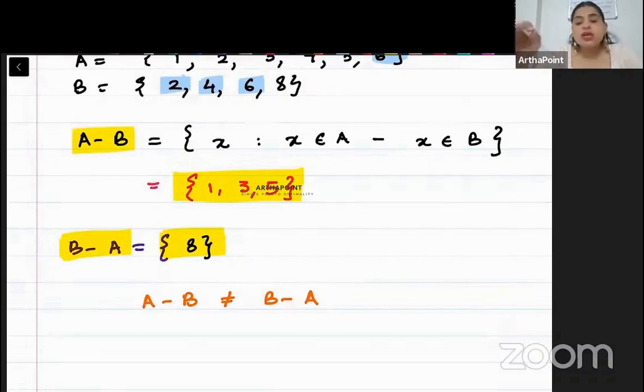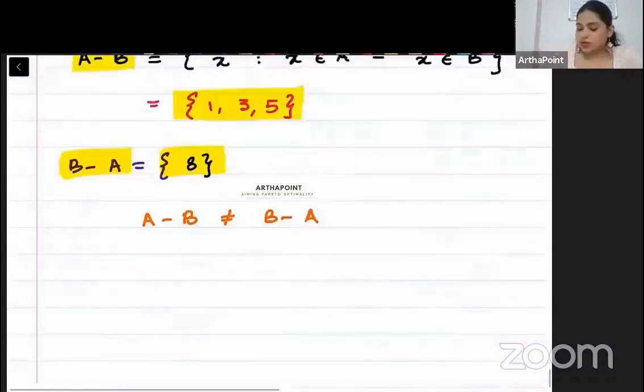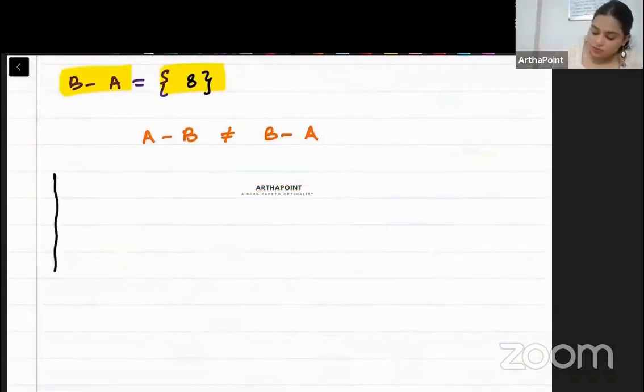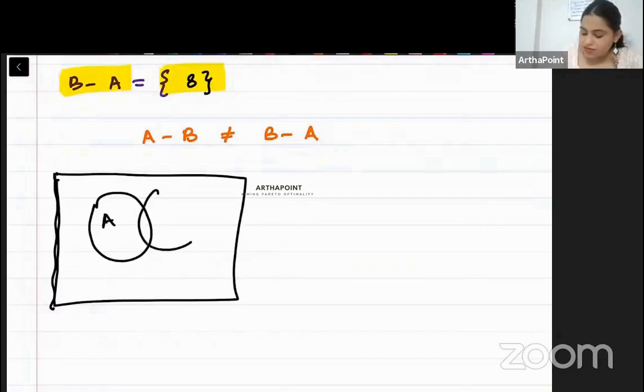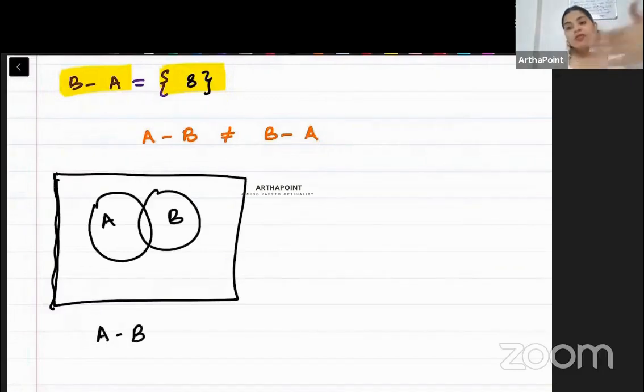Let me show you this better using a Venn diagram also. So just think about this. This is A. This is B. When I do A minus B, I remove the elements of B from A. So I'm left with these elements.